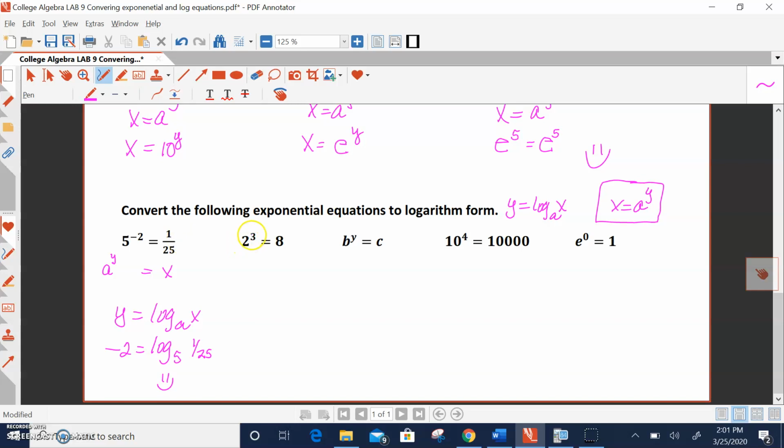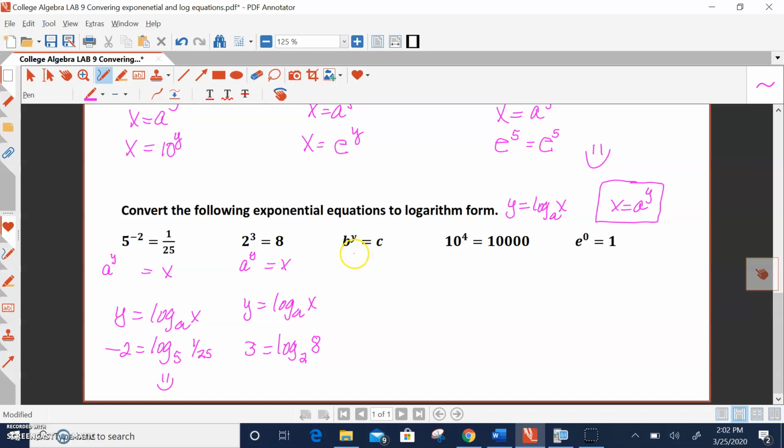So here, 2 cubed equal 8. This is a to the y equal to x. Let's rearrange them and have them look like this format. So the y is equal to 3. It's going to be log base, the base is 2, and the x value is 8. 3 equal to log base 2 of 8.